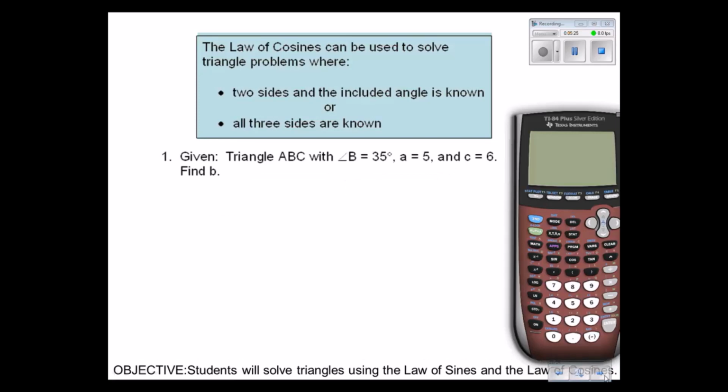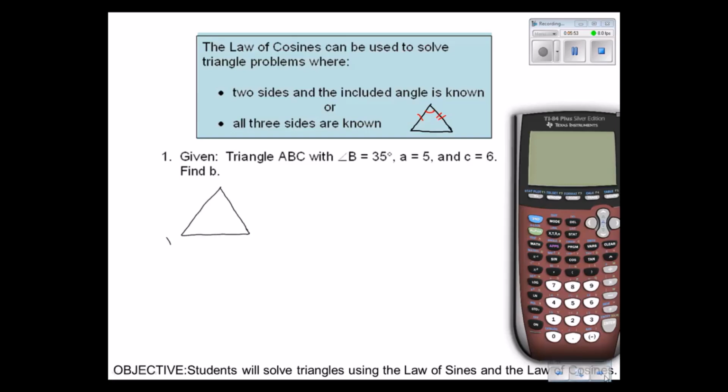You use the law of cosines anytime you have two sides and the included angle, or if you know all three sides. From geometry, two sides and an included angle means that you would have information about that angle, for example, that side and that side. All right, so we've got triangle ABC.